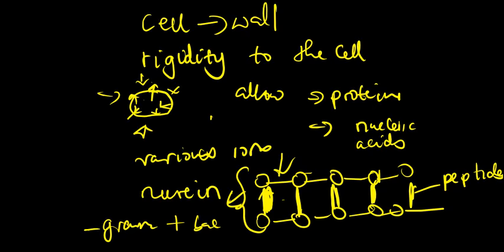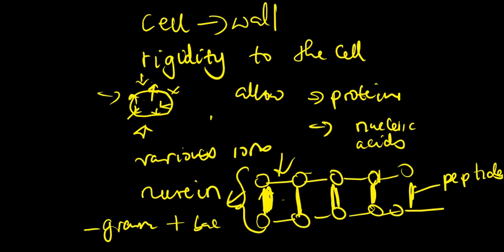Okay, so the whole moral of our lesson today is that as you go further in your study, you realize there's a reason why we actually learn about prokaryotic cells, bacteria, because certain drugs will be targeted against destroying the cell wall of the bacteria. Others will be targeted to destroy the cell membrane or the nucleus of that bacteria.